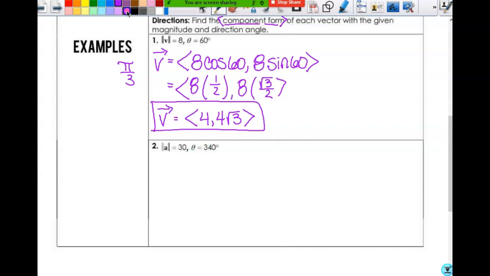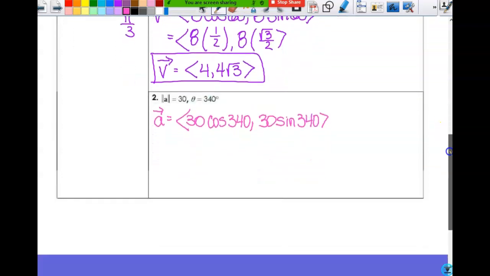So then here, the magnitude of A, so I want vector A in component form. I'm going to take the magnitude, which is 30, times the cosine of 340, and then 30 times the sine of 340. 340 is not a special angle.